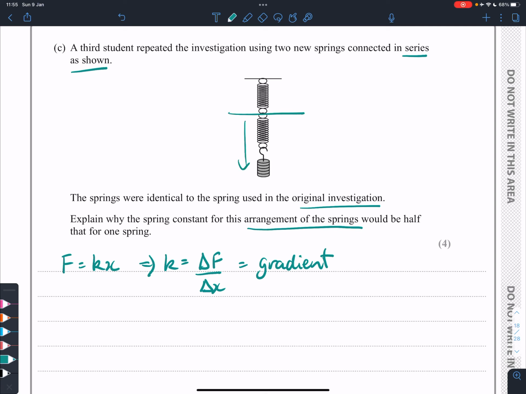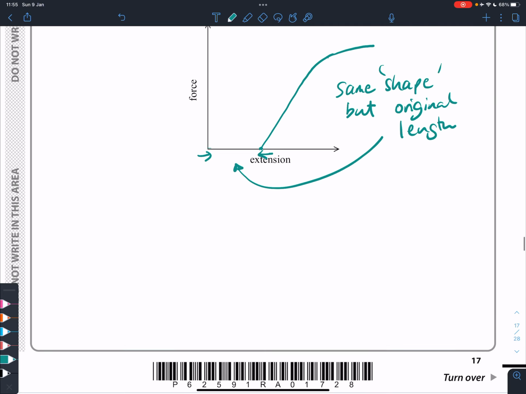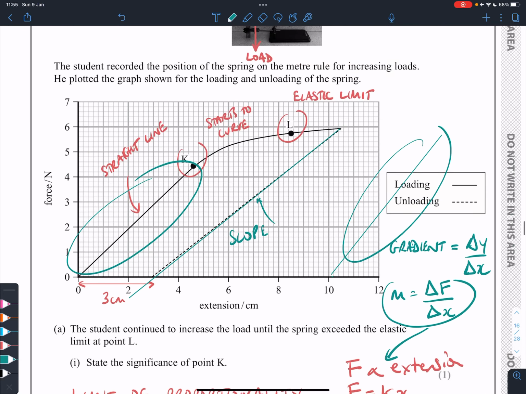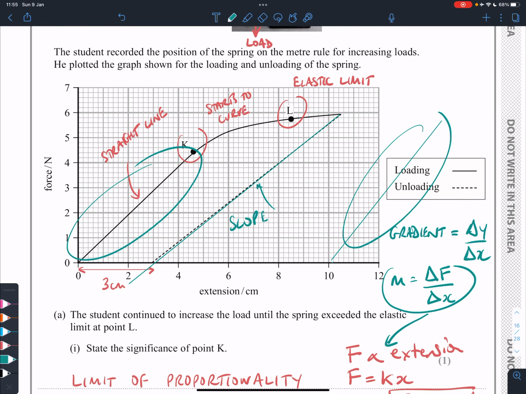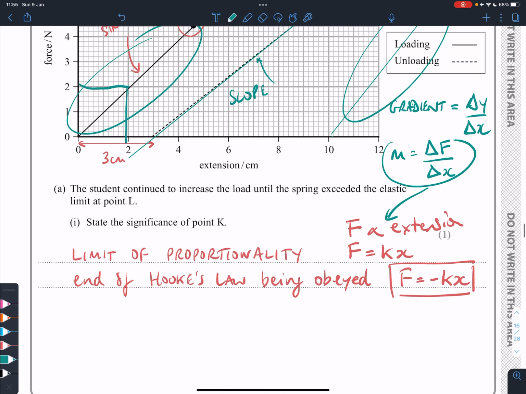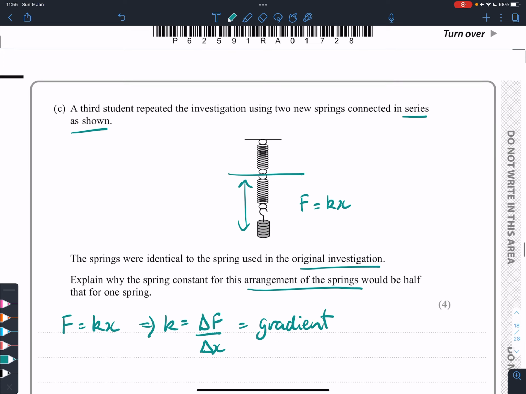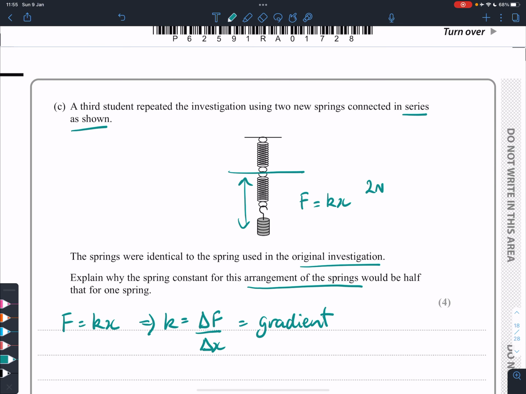This will be exactly the same. So F is equal to kx, which means, let's use some numbers, if you have a load of maybe 2 newtons there, you're going to get an extension of about 2 centimeters. So 2 newtons will give you an extension of this spring of about 2 centimeters.